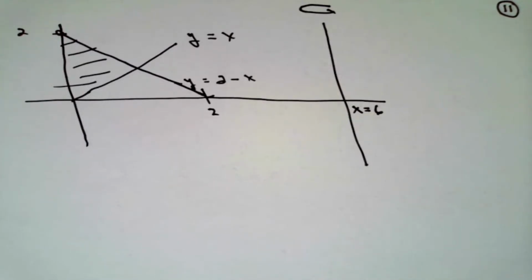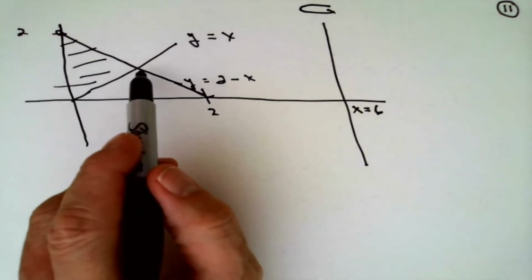In this problem, I'm going to take the region in quadrant 1, bounded by the y-axis, the line y equals x, and the line y equals 2 minus x, and I'm going to revolve that around the vertical line x equals 6. If I wanted to do this with the washer method, I would have a big problem.